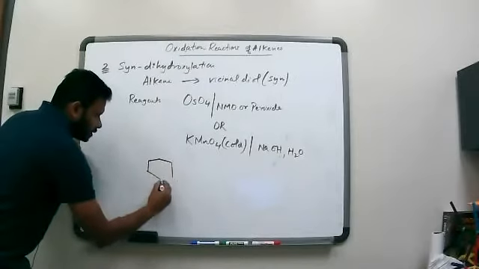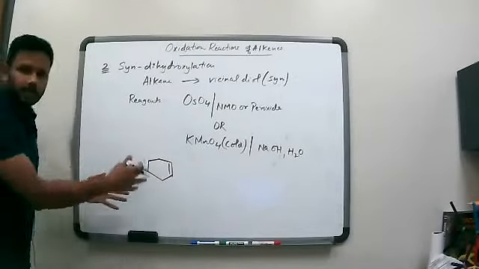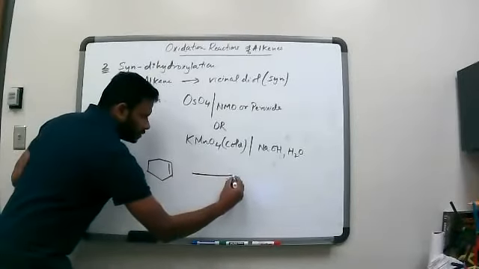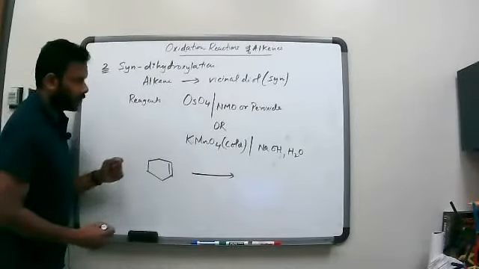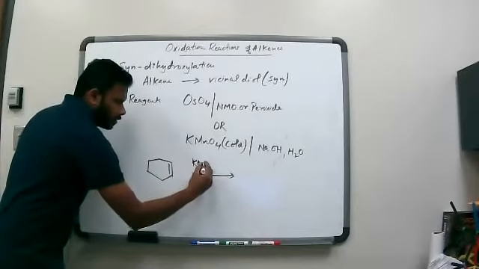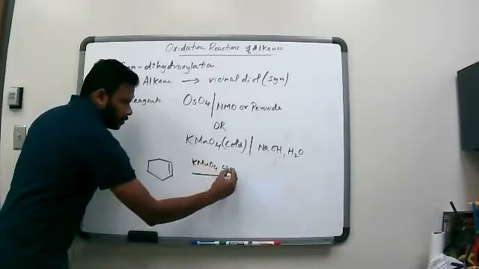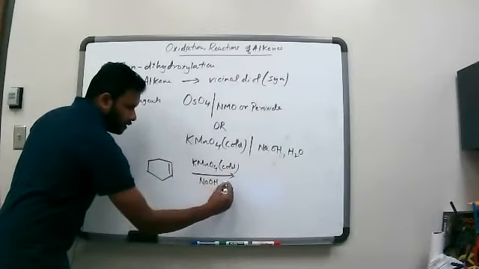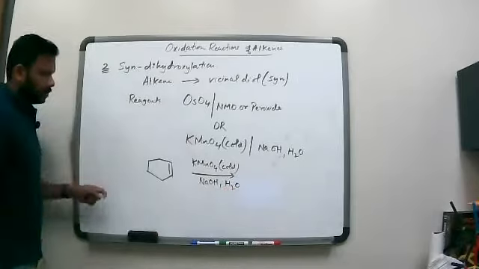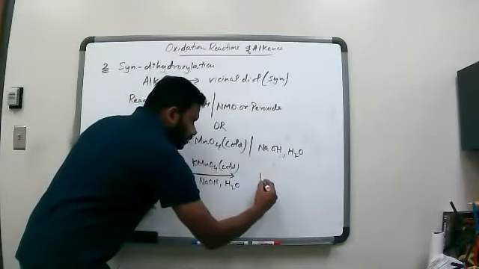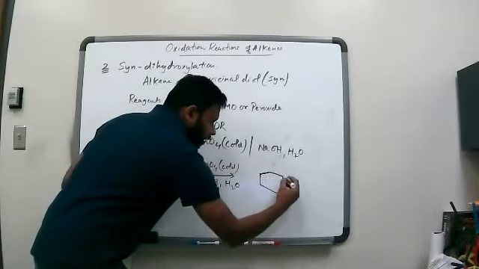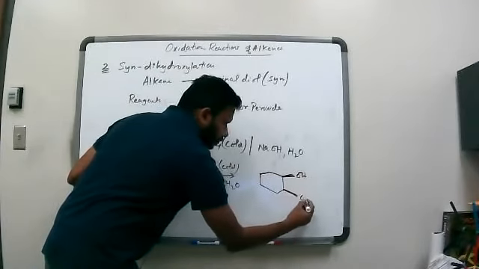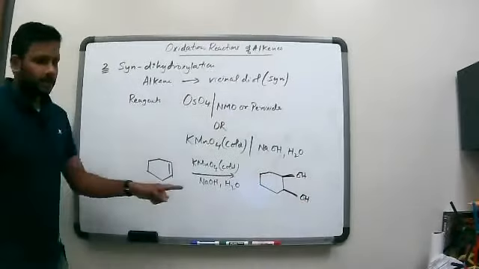Essentially, I like these ring compounds to show the Syn Dihydroxylation because it's easy to see. So if I take this ring compound and let's say I have permanganate, KMnO4, cold under basic conditions, then this would give me a diol which is syn.